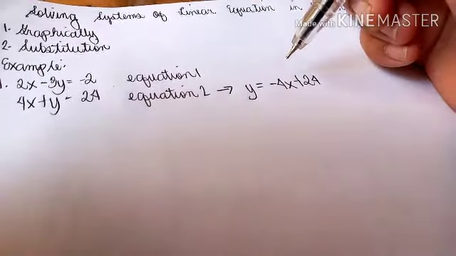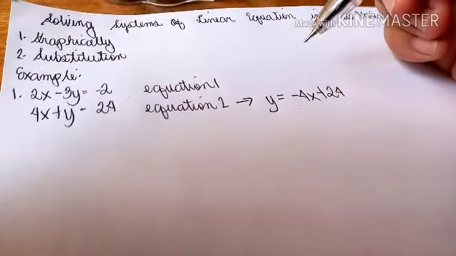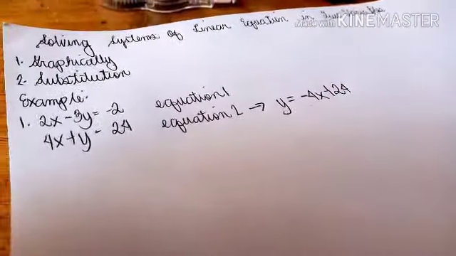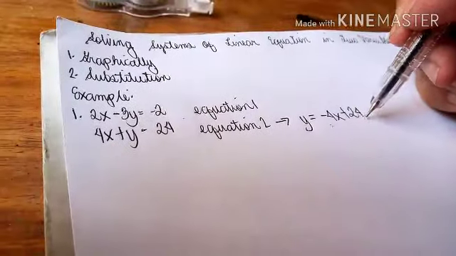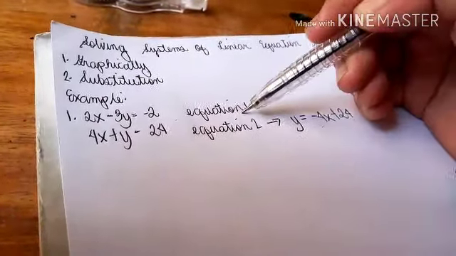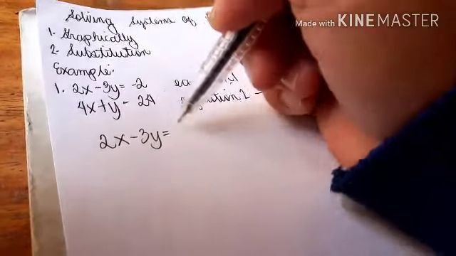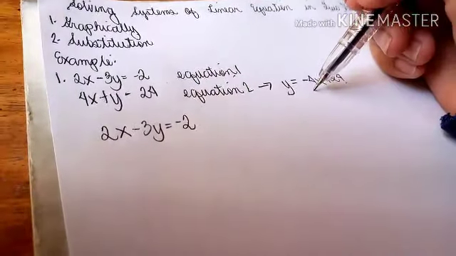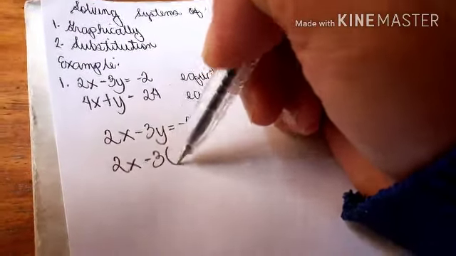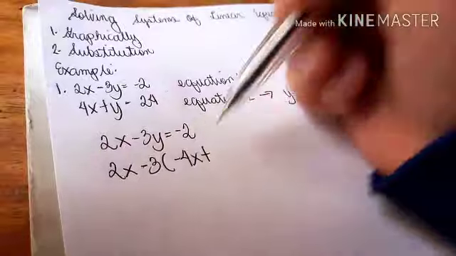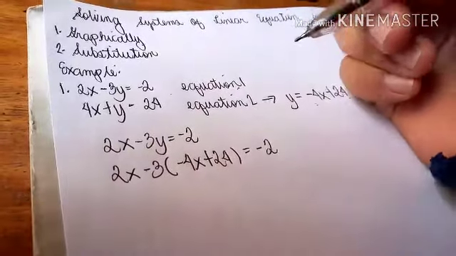Now our second step says that we use this expression to solve for the first variable, which is x. So we're going to substitute this using, of course, the other equation. We use equation 1, which is 2x minus 3y equals negative 2. Substituting negative 4x plus 24 for y, we have 2x minus 3 times (negative 4x plus 24) equals negative 2.